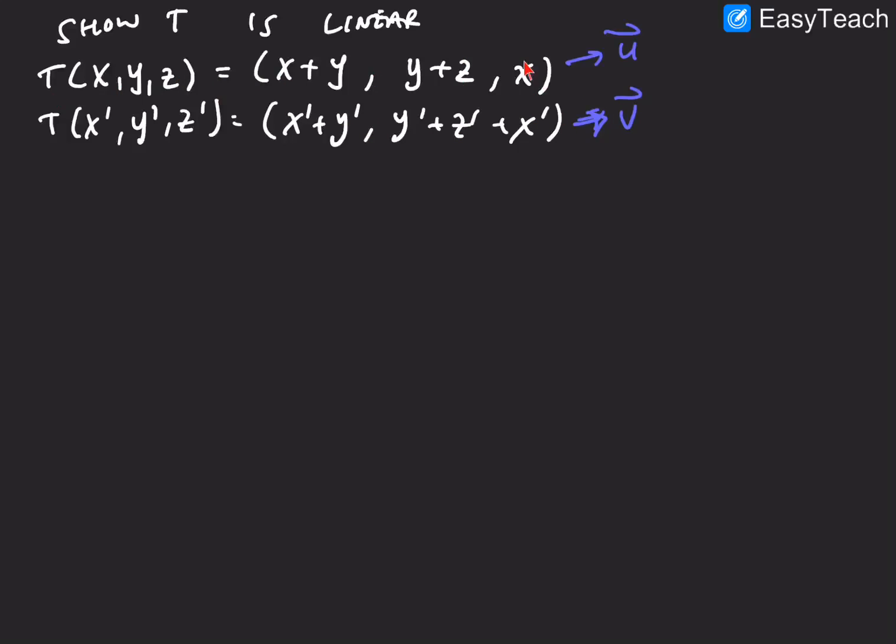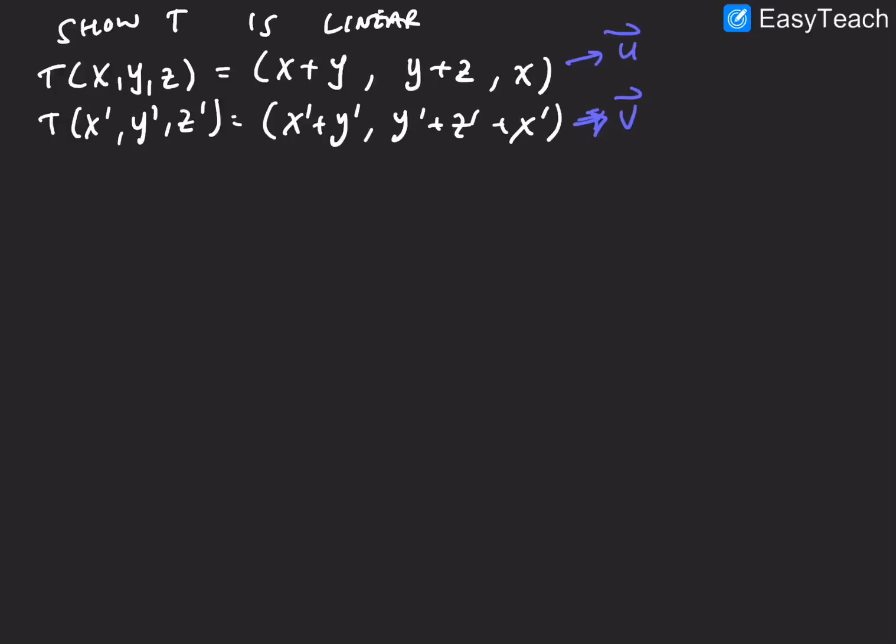They gave me this first one. They said, show that this T is linear. Then I said, okay, I need another vector that I can use to add to my u or multiply by some k term. So I created a new vector. This v, I created it. So you could do the same thing.